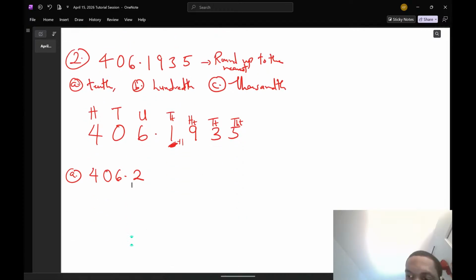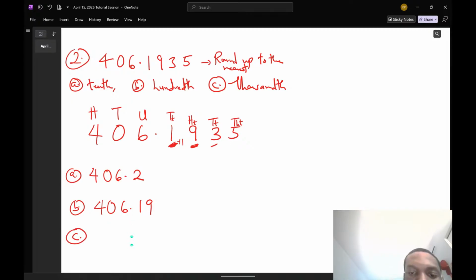Now we'll do the hundredth place. This is the hundredth place, so this is the center of focus. 3 is the number right behind 9. 3 falls in the range of 0 to 4, so we are not going to add anything to 9. So we have it as 406.19. Now let's round to the thousandth place.